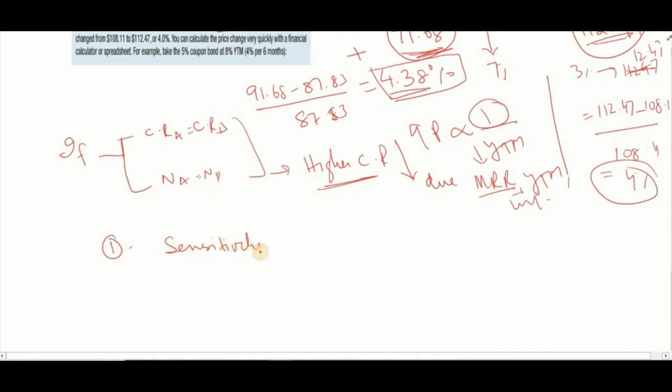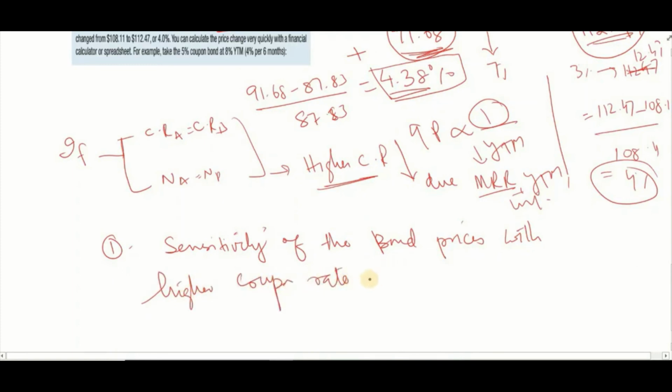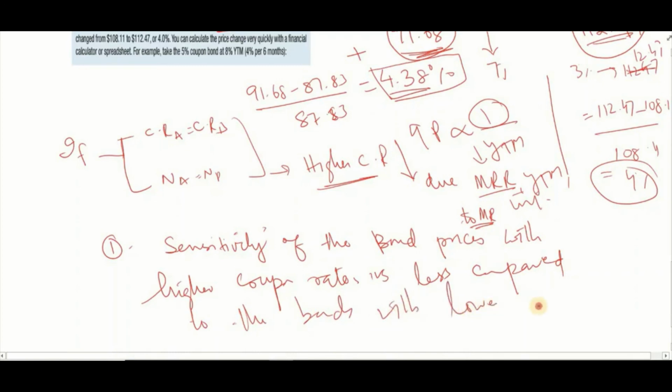Sensitivity of the bond prices to market rate: the sensitivity of the price of a bond with a higher coupon rate is less compared to the bond with the lower coupon rate.